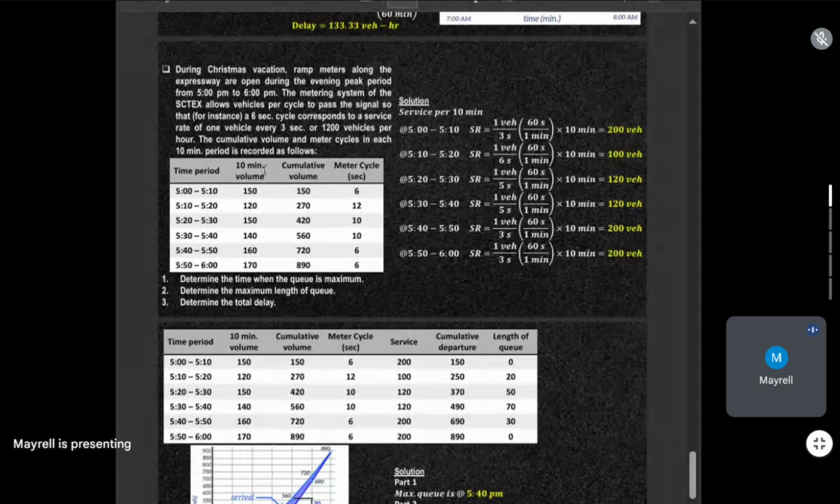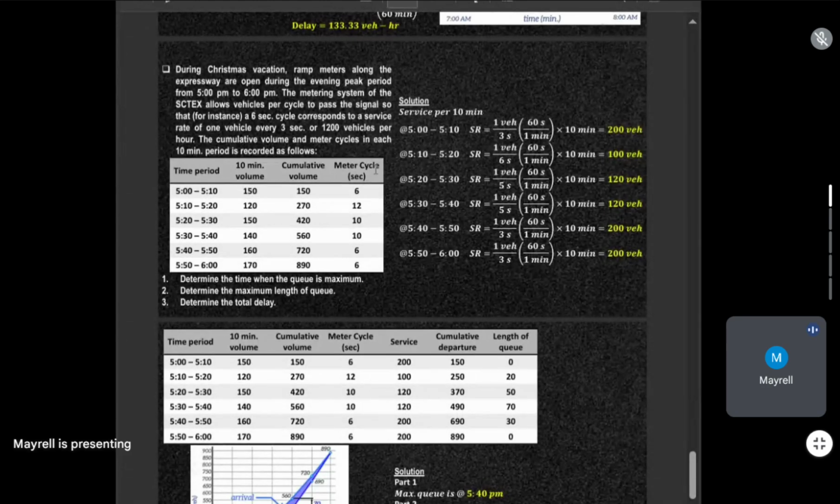And you have the 10-minute volume: 150, 120, 150, 140, 160, 170. So the cumulative volume for the first 10 minutes is 150. You add the 120, 270. You add 150, 420, plus 140, 560, plus 160, 720, plus 170, 890.